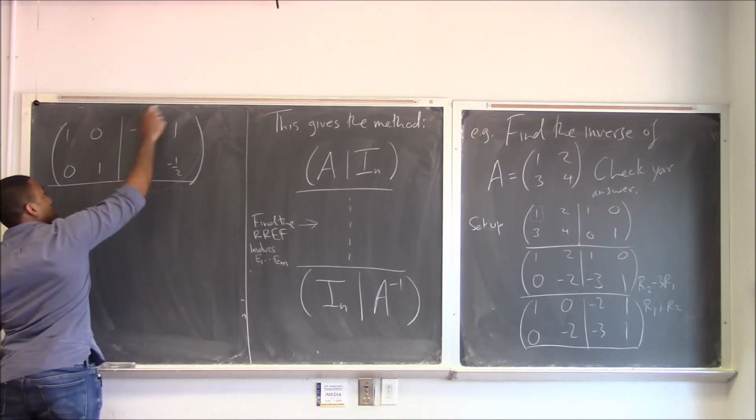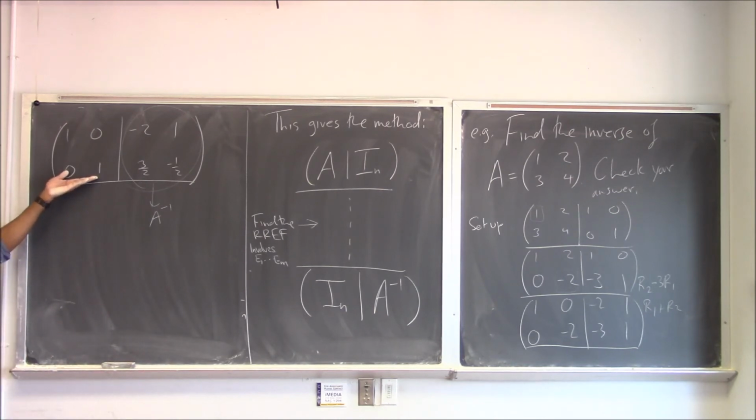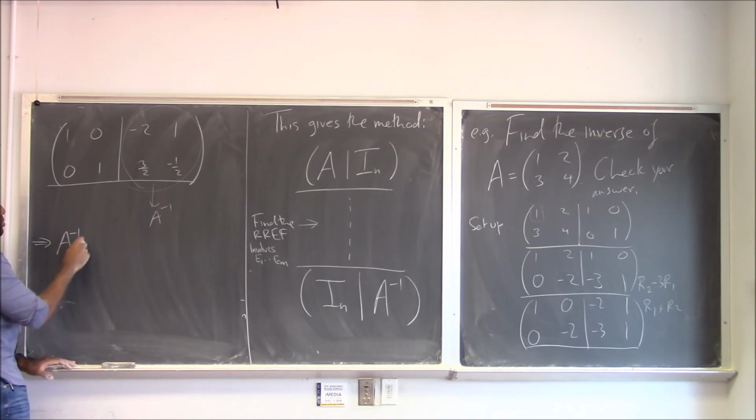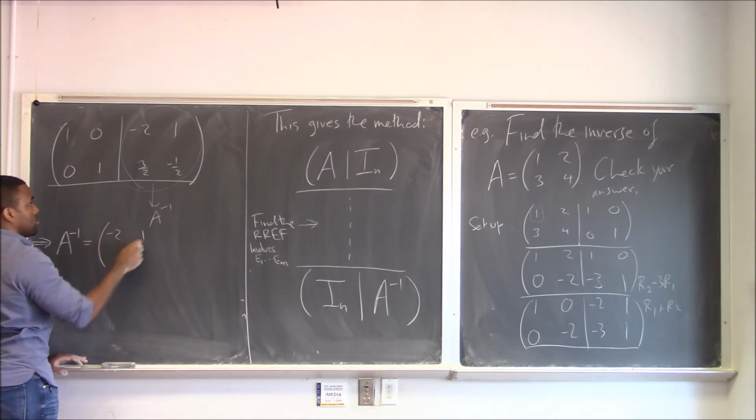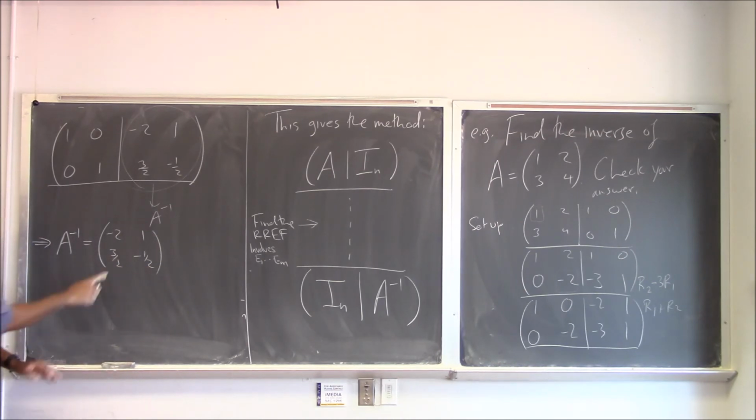See this guy right here? That's your A inverse, because the identity is now on the left side. So I claim that that's the inverse matrix.